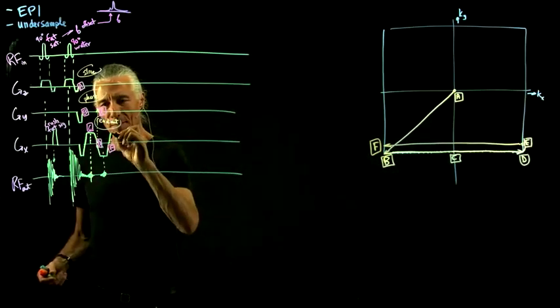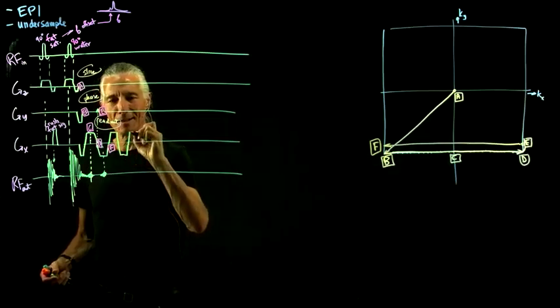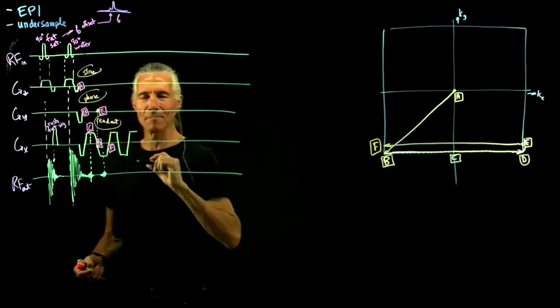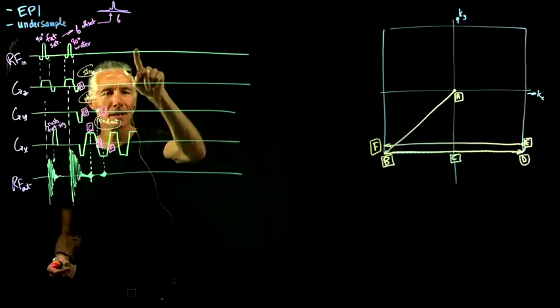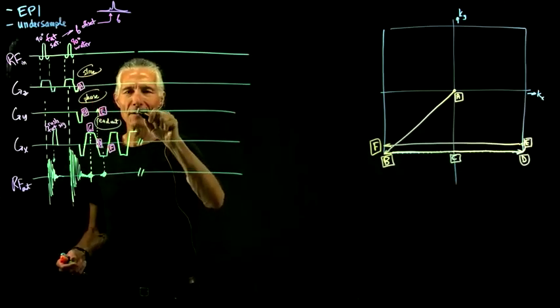What will happen is we'll do that 64 times. Let's just say we cut all those out of there.